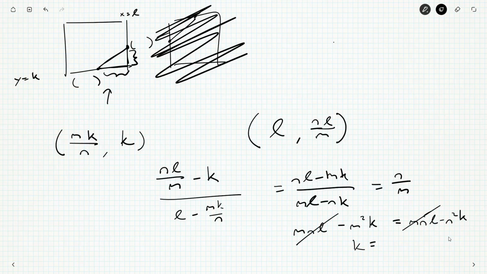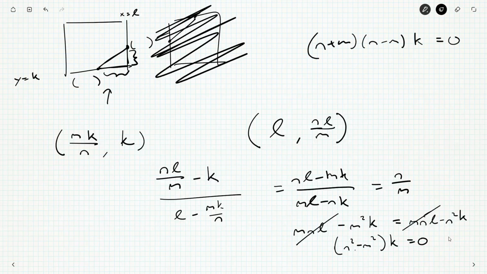So we're going to have n squared minus m squared k equals 0. Well, I can't have... so what would that do? That would be n plus m, n minus m, k have to be equal to 0.